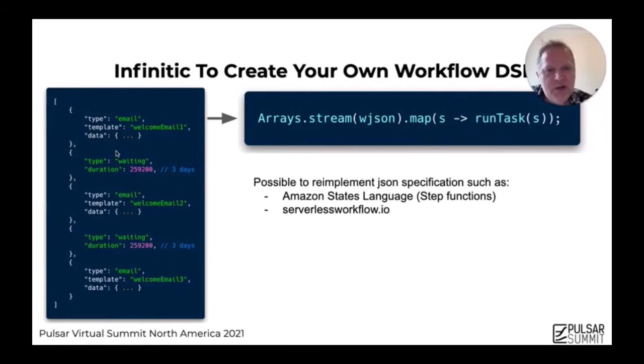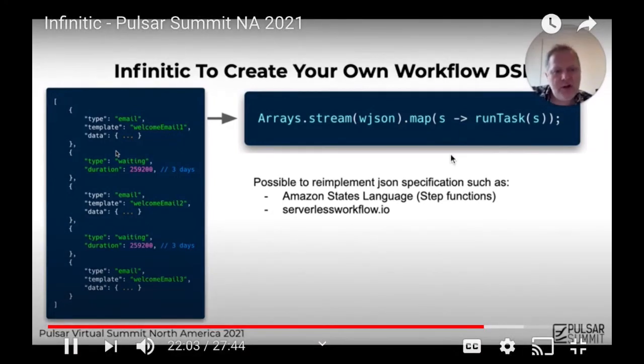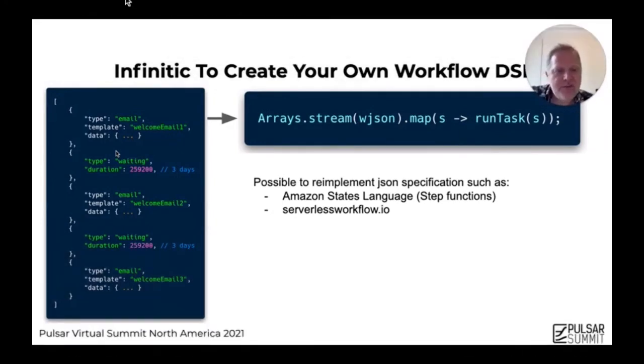You can also use them with some configuration file, or with a UI that you define that will create a JSON that you will execute like this. You can even possibly re-implement external specifications, such as the Amazon States Language used for Step Functions, or the Serverless Workflow specification.